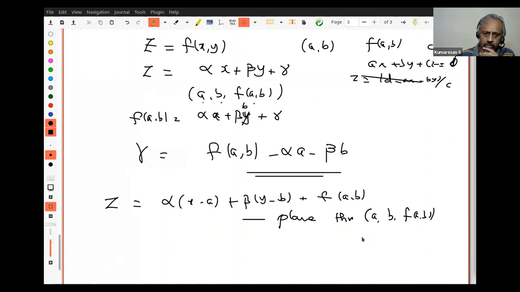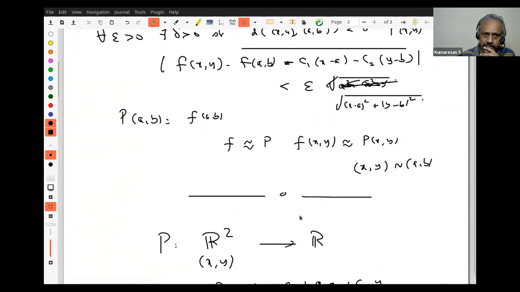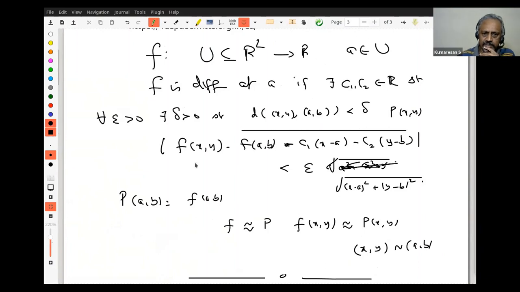Now go back to our definition of derivative. Look at this. f(x, y), that is your z, forget this, look at only this part. This is f(a, b) minus α(x − a) minus β(y − b). You see that?